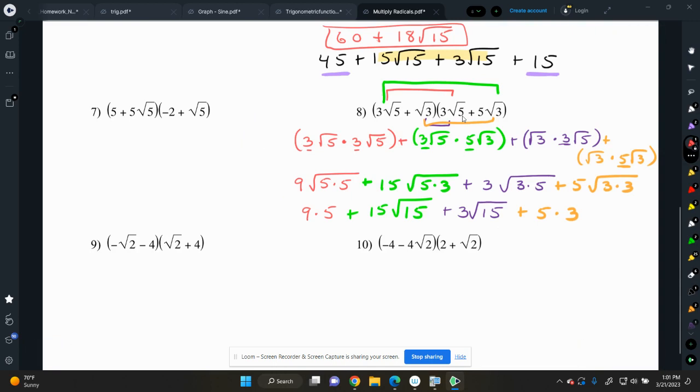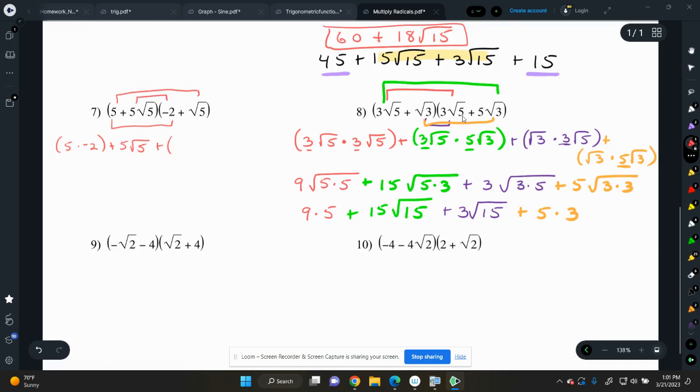Okay, we're going to distribute. So we get 5 times negative 2, plus, we're going to distribute again, and we get 5 times the square root of 5, plus 5 square root of 5 times negative 2, plus 5 square root of 5 times the square root of 5.